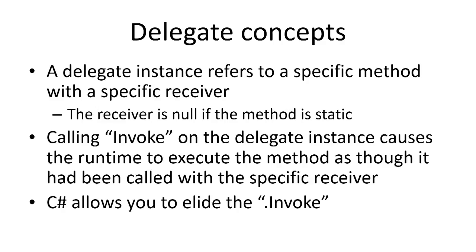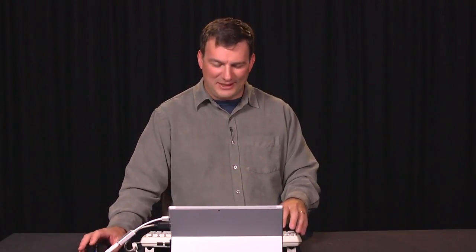Now, C# allows you to elide the invoke. And recall, by elide, I mean you can eliminate some syntactic element, but the compiler knows that it's supposed to be there. We'll just ignore it. This is an idea from linguistics. So let me take a look back at the code again here, at the place where we raise the event.